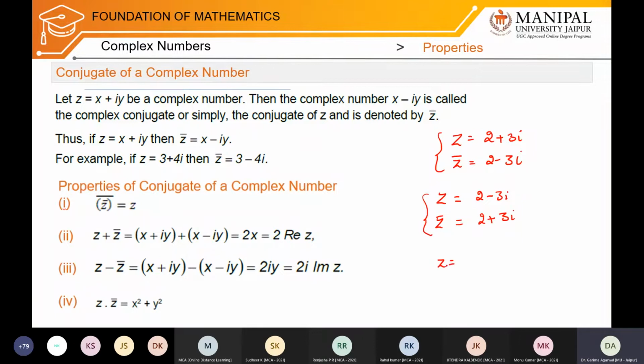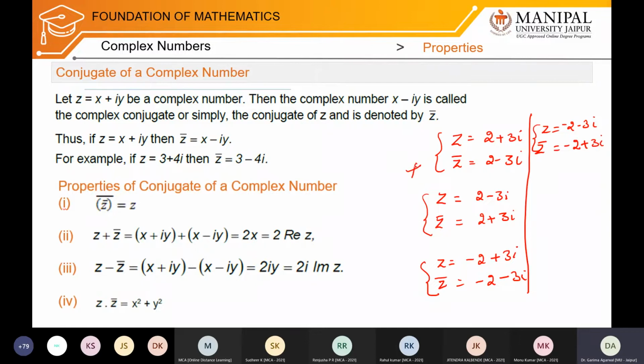Let's say I have z as minus 2 plus 3 iota. So conjugate z will be minus 2 minus 3 iota. Let's say z is minus 2 minus 3 iota. So conjugate z will be minus 2 plus 3 iota.